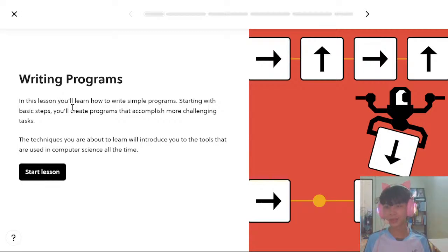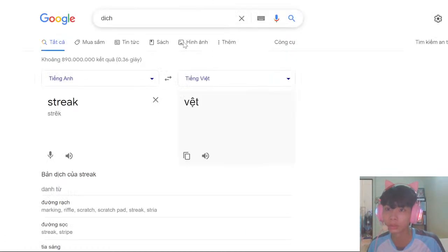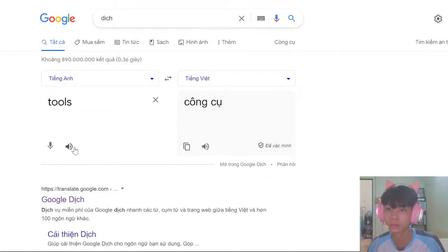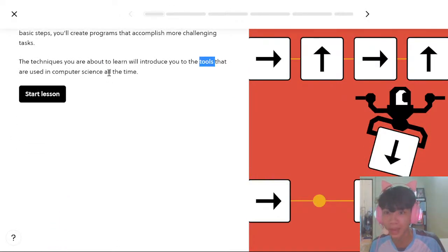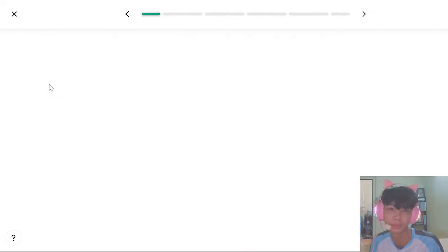Writing programs. In this lesson, you'll learn how to write simple programs starting with basic steps. You'll create programs that accomplish more challenging tasks. The techniques you are about to learn will introduce you to the tools that are used in computer science all the time.